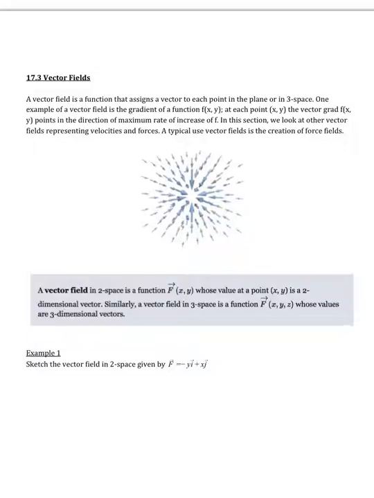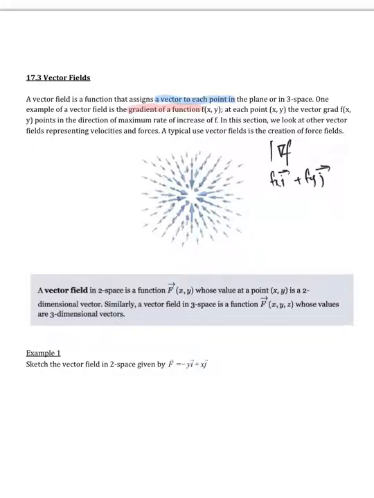So the definition of a vector field is a function that assigns a vector to each point in the plane or in 3 space. A common place we've seen that is in the gradient of a function, so let's do a quick recap of what a gradient is.